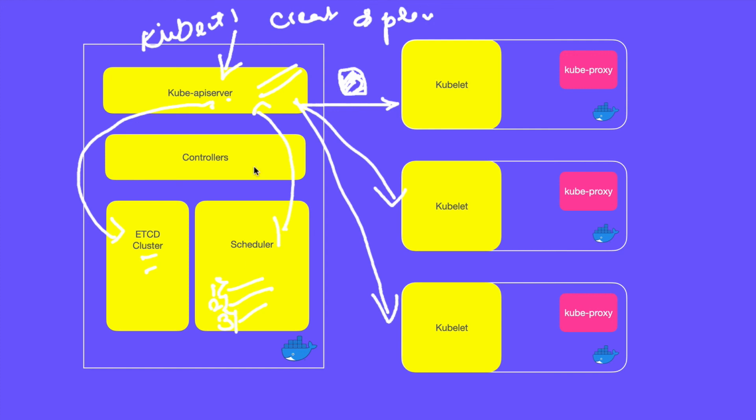Depending on that, the Kube API server will give the instruction to the kubelet to host this pod. Once the kubelet accepts that request, it will host the pod and give the instruction to the container engine to actually spin up the container. The container engine is responsible for reaching out to Docker Hub, pulling the image, and spinning up the container inside the pod. That's basically how things work.